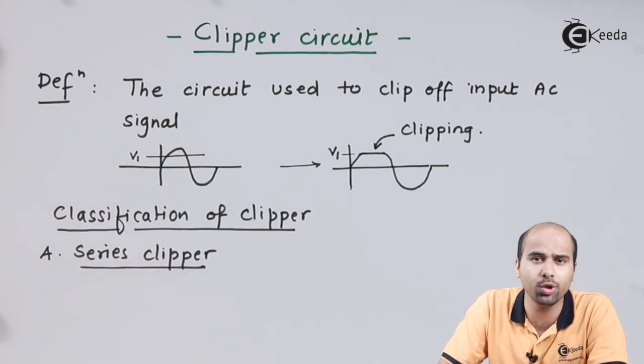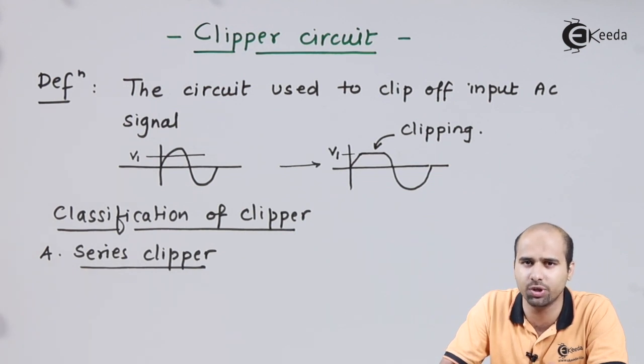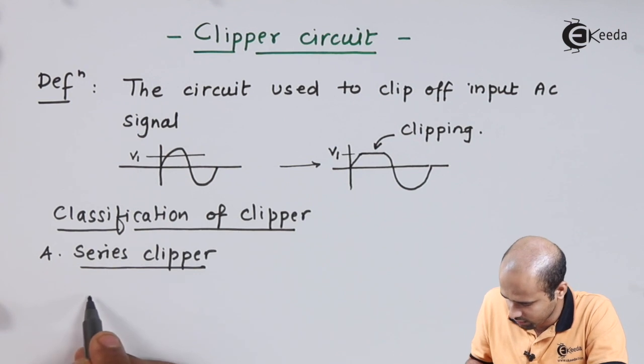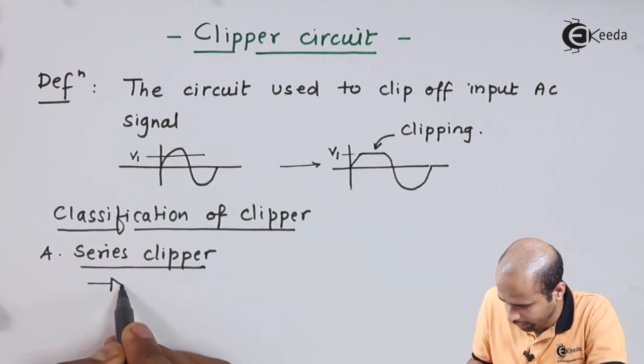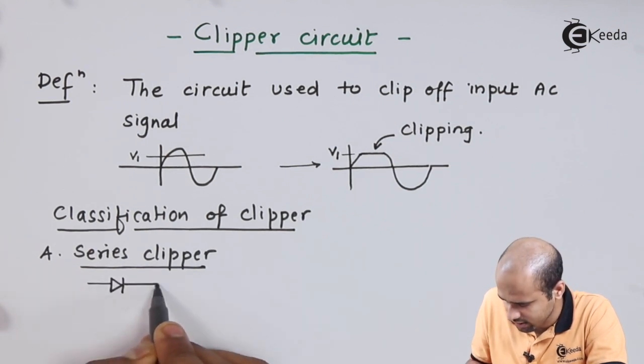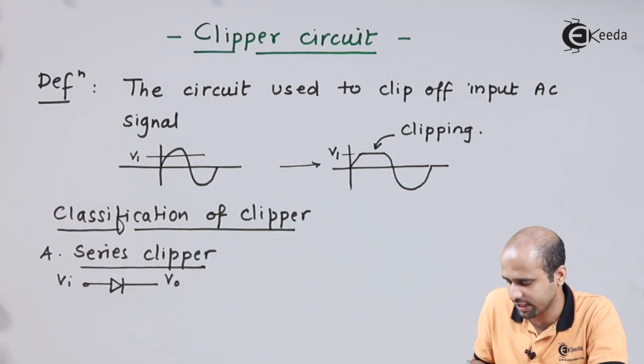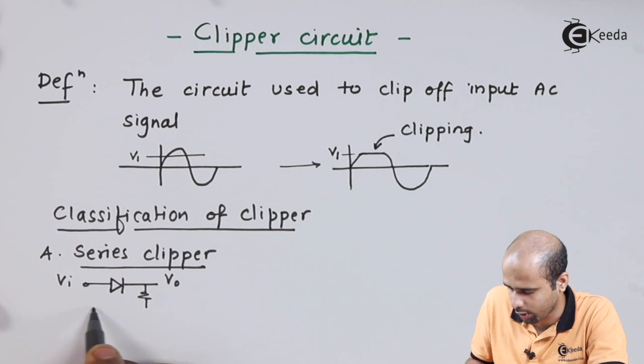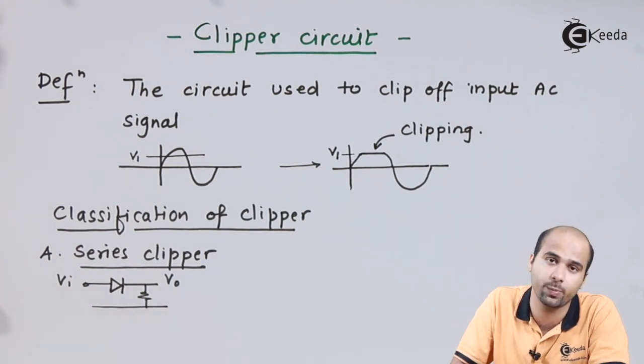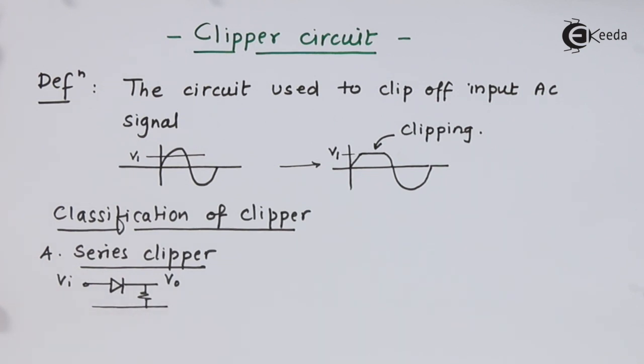Whenever the diode is placed in series with the input and output, then it's called a series clipper. For example, this is a diode which is placed in series with input and output, that's why it is called a series clipper. Obviously it will be with respect to ground level.